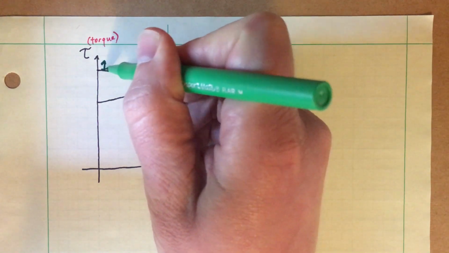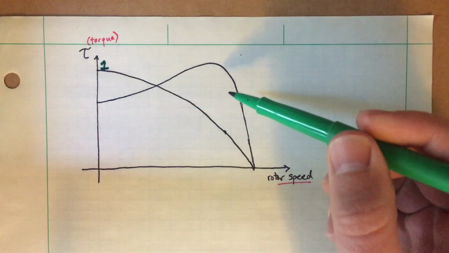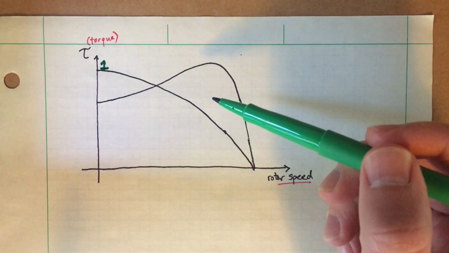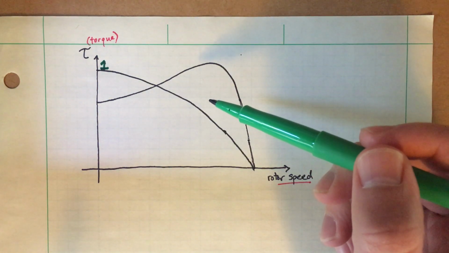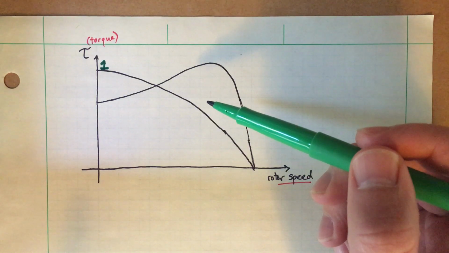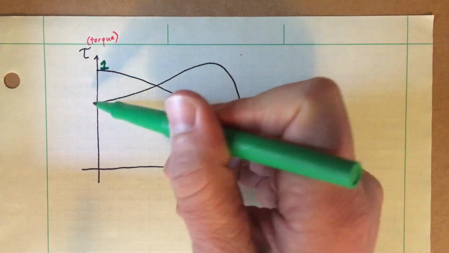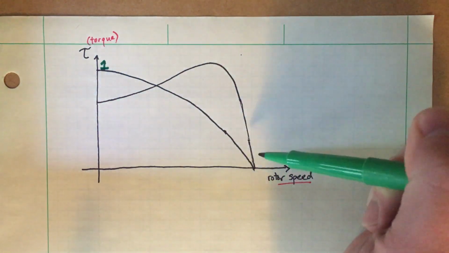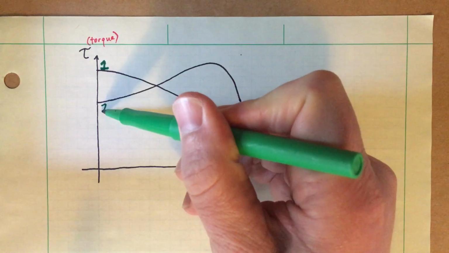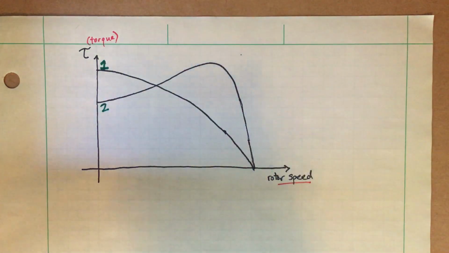That one typically operates with a higher slip and is better for things with variable mechanical load, stuff like that. And then this curve, the one that goes up and then drops off, we'll call design number 2. That one's also very common. And there's a few other classes of induction motor as well that, if you're so inclined, you can look up, okay?